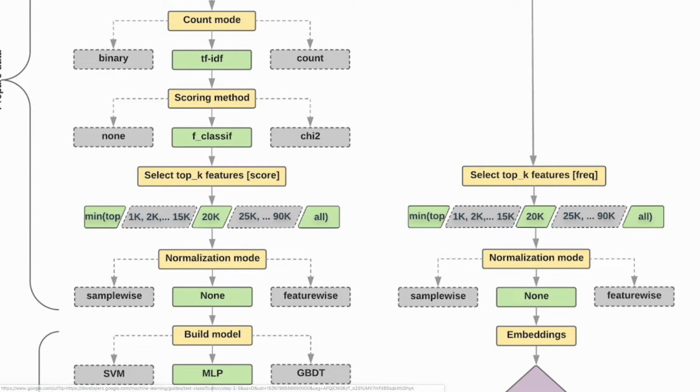And now we have the scores for each of these tokens. The next thing to do is to rank them. And we found that choosing at most 20,000 features is sufficient for any problem. Anything more than that does not add any value. And sometimes it may even lead to noise. That is, it can cause overfitting and reduce the performance.